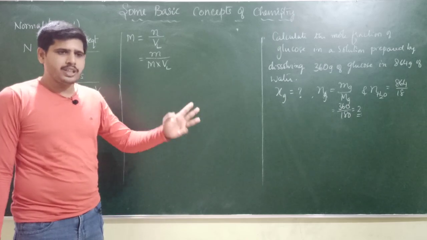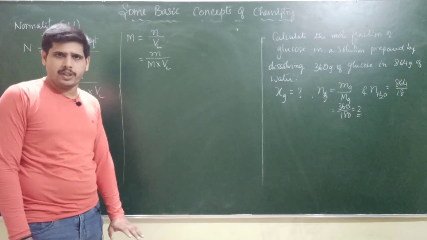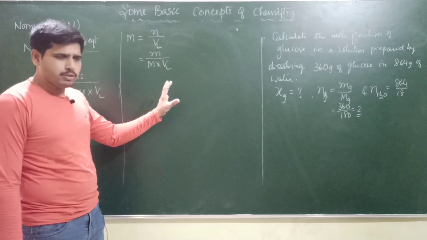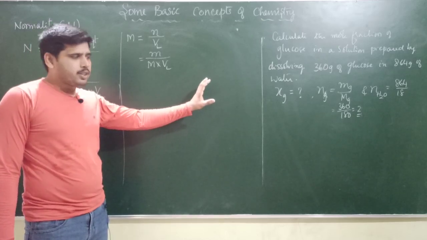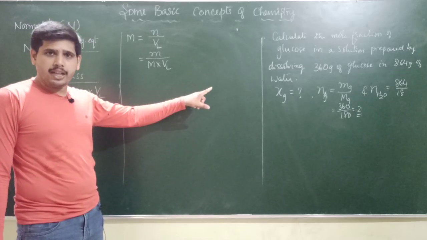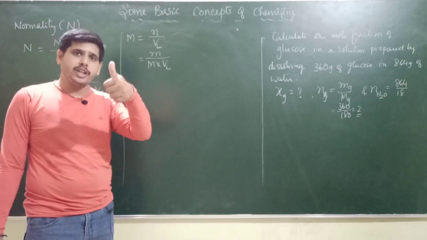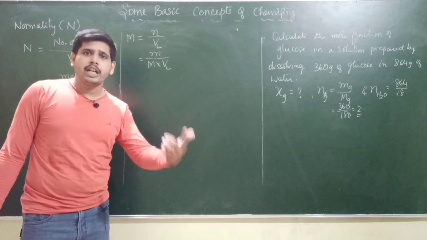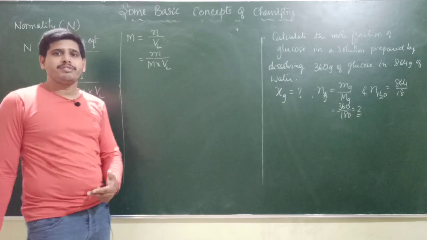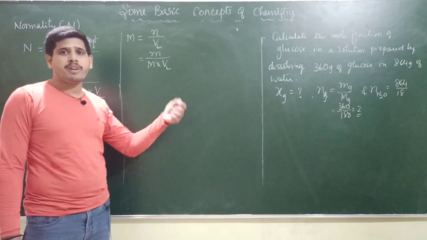So these 3 elements were taken as standard in order to calculate equivalent mass. Whatever the given element, how much of that element's mass is going to combine with 1 gram of hydrogen or 8 gram of oxygen or 35.5 gram of chlorine, that makes the equivalent mass of that substance.